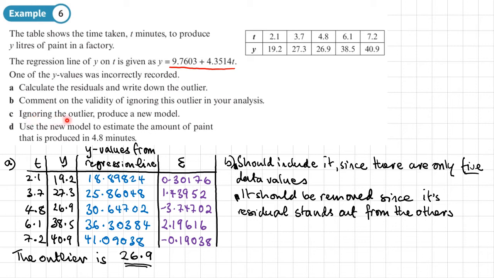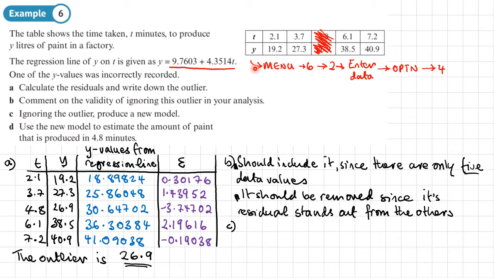Part C says, ignoring the outlier, produce a new model. Now we're not going to work out the regression line from scratch. What we're going to do is scrub this value here that we said we're going to ignore, and then put the rest into our calculator.